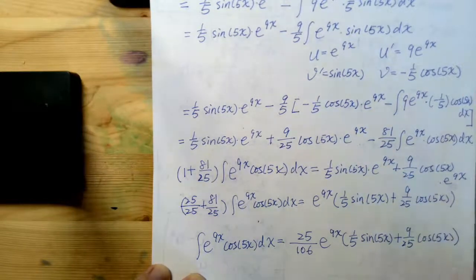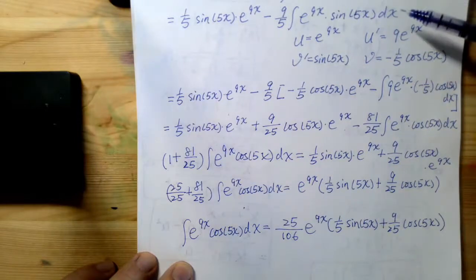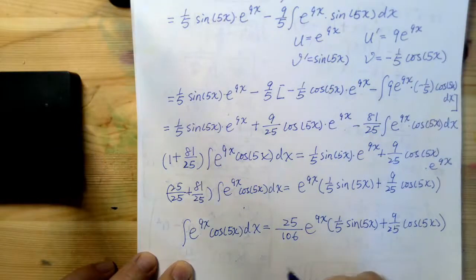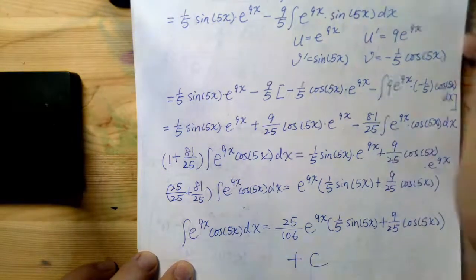Of course, you can simplify, but the other thing I would remind you is, when we're trying to solve these integrals, to the very end you should add an arbitrary constant c. Of course, you can simplify this result, but you get the basic idea.